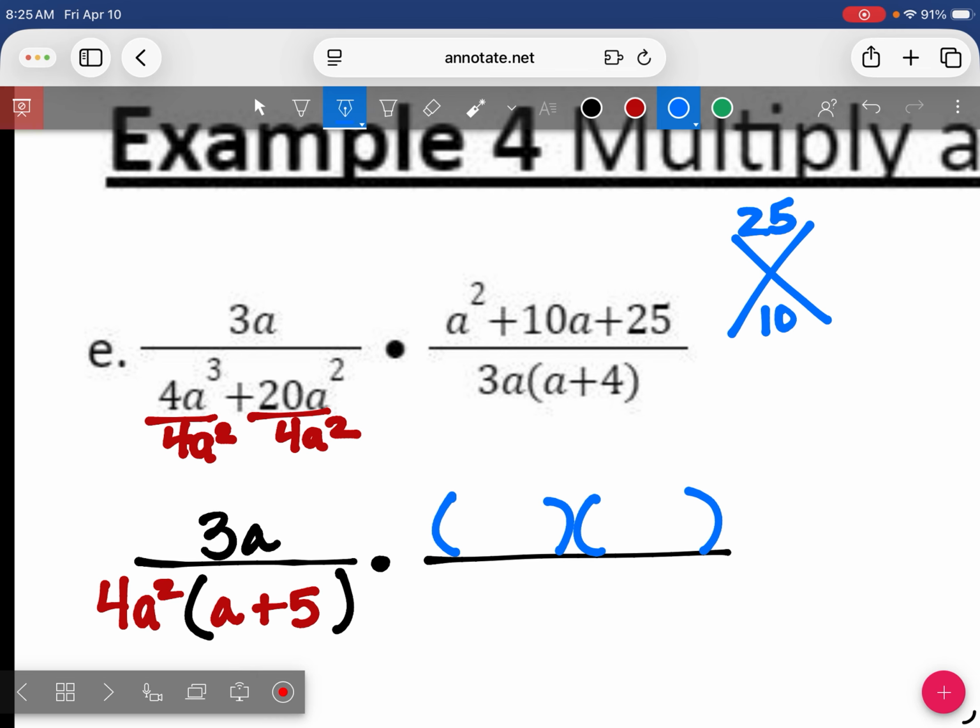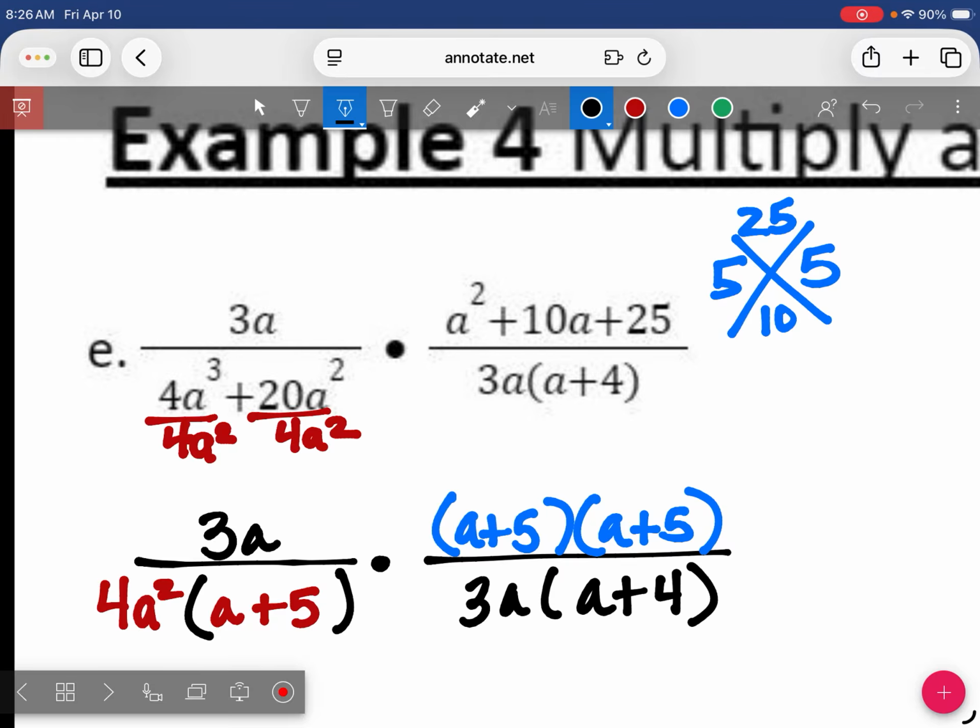Anybody have numbers? Give y'all a second to think about it. Isaiah again. 5 and 5. Both positive. And then my denominator, they already factored for us.